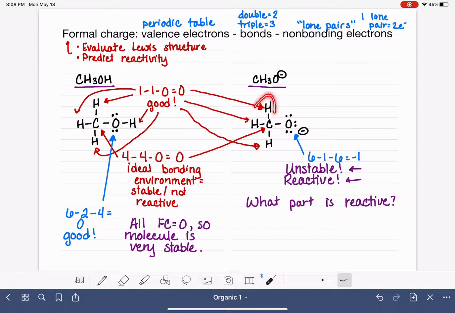The hydrogen atoms and the carbon atom are all happy. They're not reactive. But the oxygen atom is the one that is reactive. So when this CH3O- starts to do some sort of chemical reaction, we're going to see that it's the oxygen atom that's bumping into things and colliding with things and actually initiating some sort of reaction process.